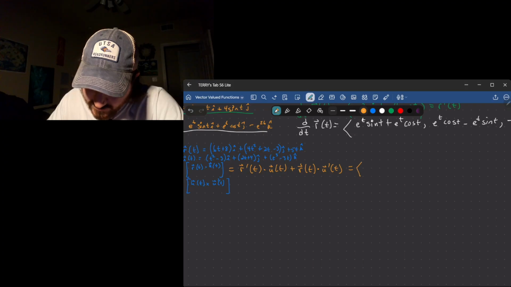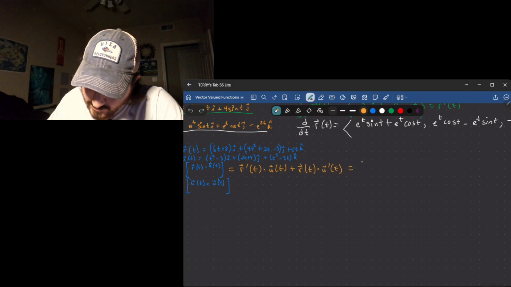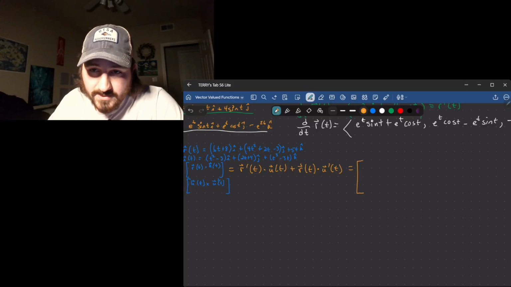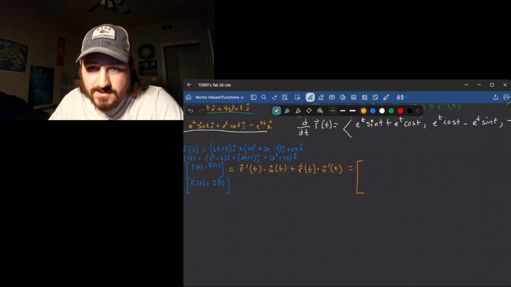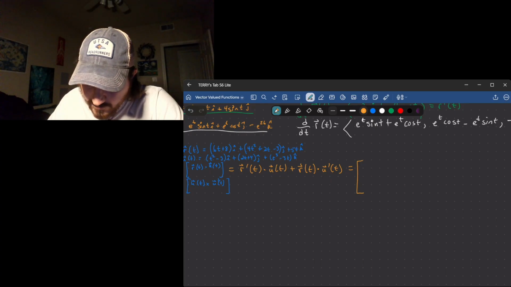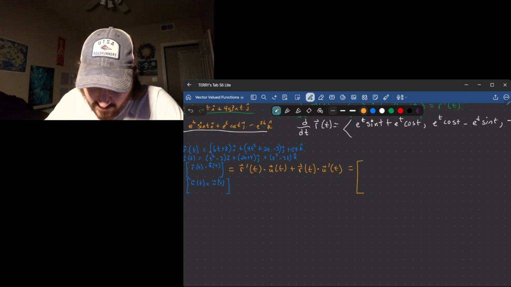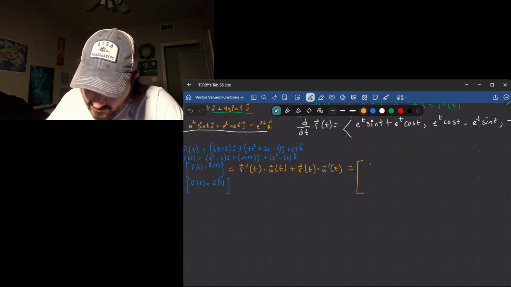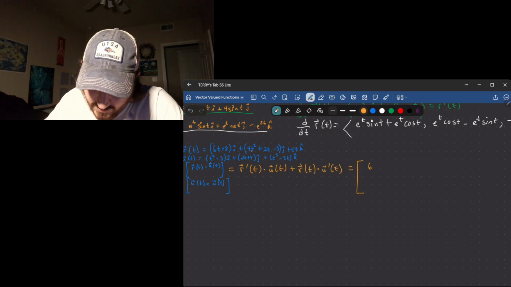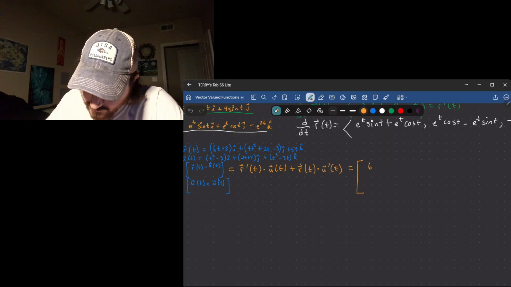So in our case, we're going to take the derivative of r as a vector, and just so we can keep track of things, I'm going to write these as column matrices. It's the same thing as vectors. So we're going to take the derivative of our r of t function here. We get 6 for our x component, then 8t plus 2, and then just 5 for our z component, sorry.